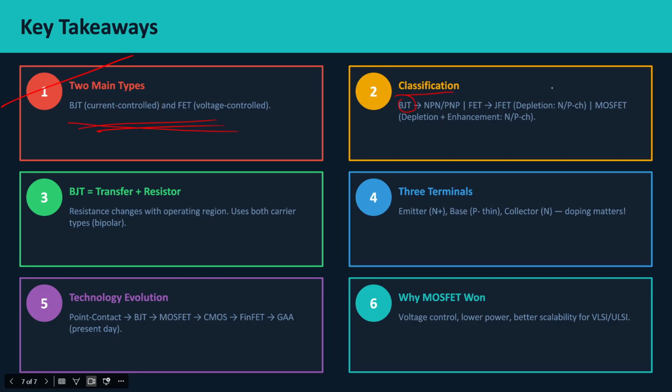Till now, what we have discussed is that there are two main types of transistor, BJT and FET. Coming to the classification, BJT is classified into PNP and NPN transistors, and FET into JFET and MOSFET. Then, what is BJT, what is the full form, and how it works we discussed. There are three terminals: base, emitter, and collector. We also discussed the technology evolution, how technology developed from BJT, MOSFET, CMOS, FinFET, to GAAFET.